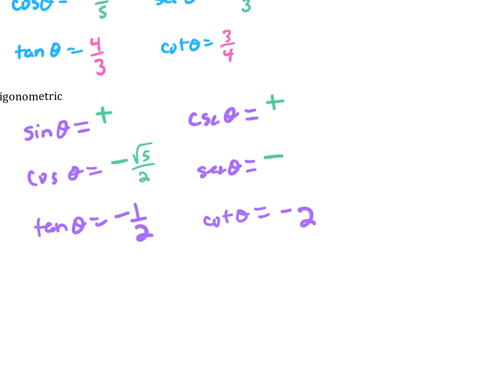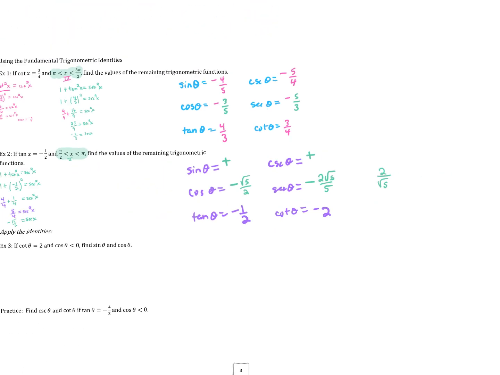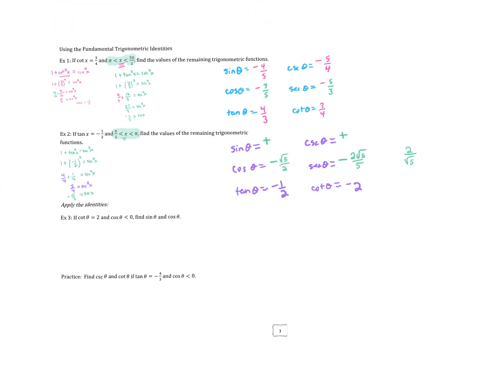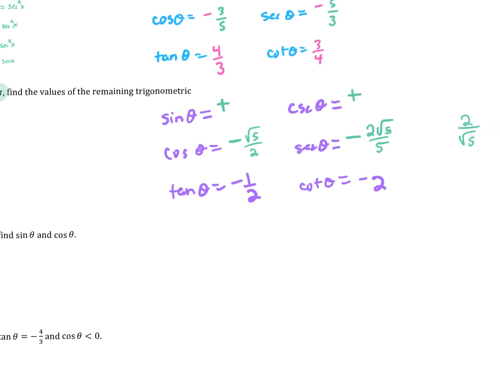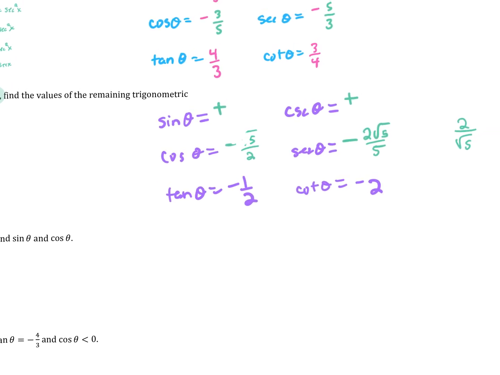And if we flip that, we have to rationalize that, right? So negative 2 root 5/5. Isn't it? Oh, I switched them, didn't I? I'm sorry. Thank you, that's what you were saying.